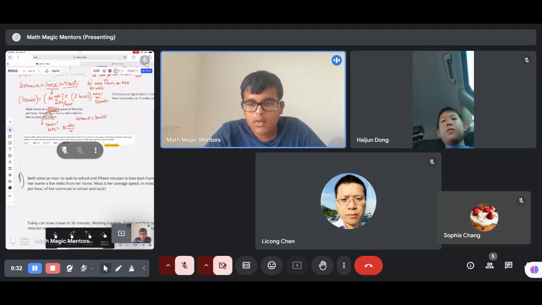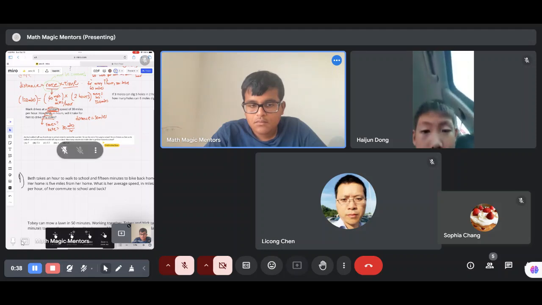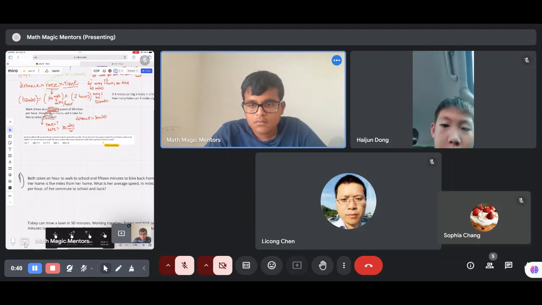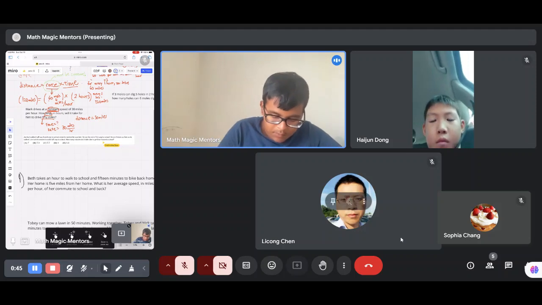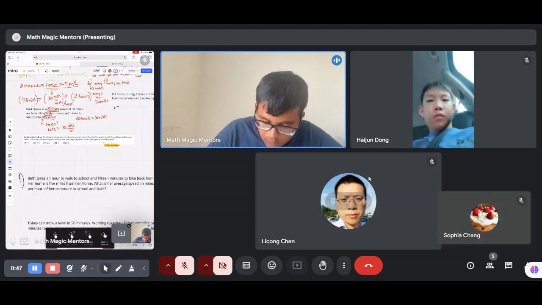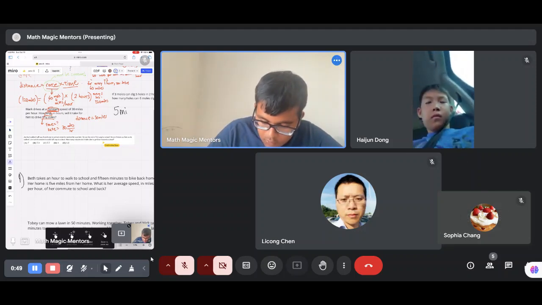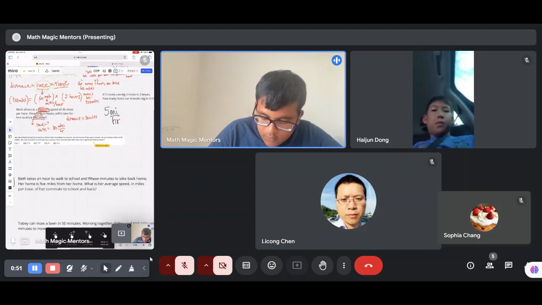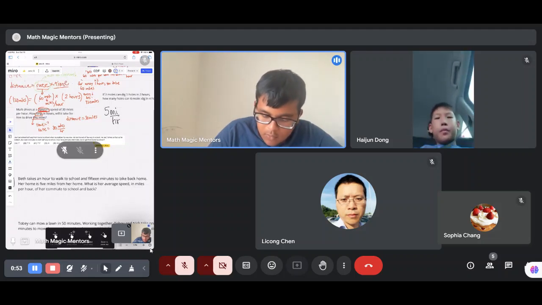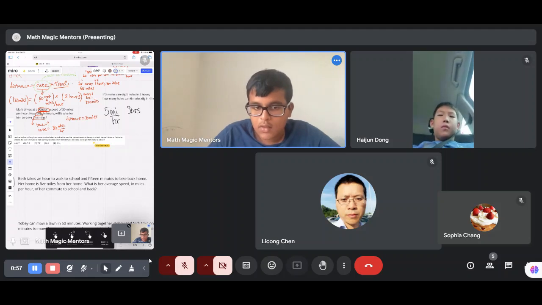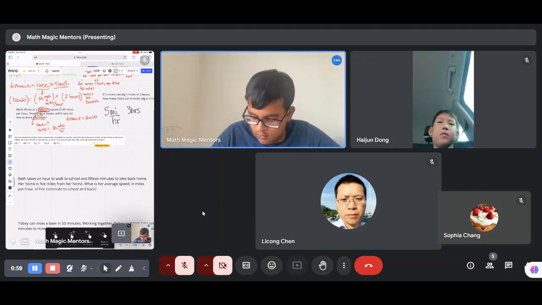You guys can share it by unmuting or typing in the chat. So, if I walk at a constant speed of 5 miles per hour for the ridiculously long amount of 3 hours, what's the total distance that I'm traveling in these 3 hours?